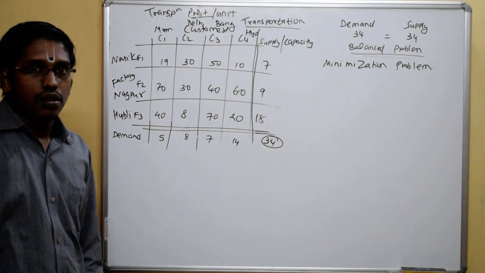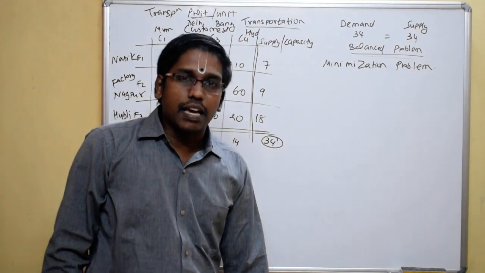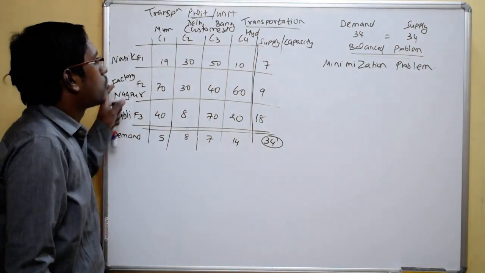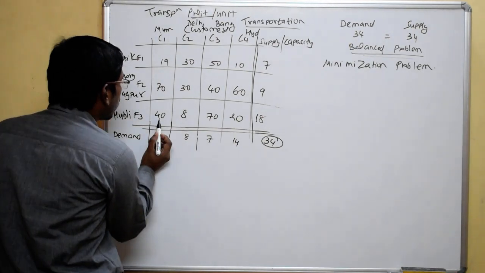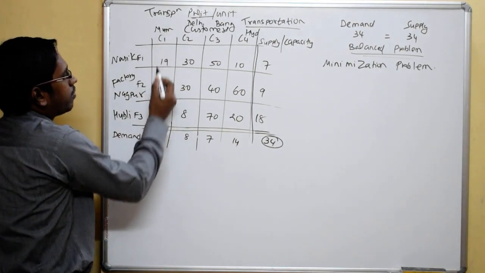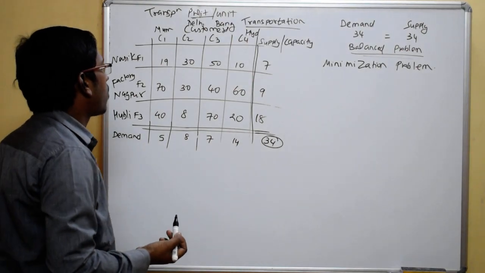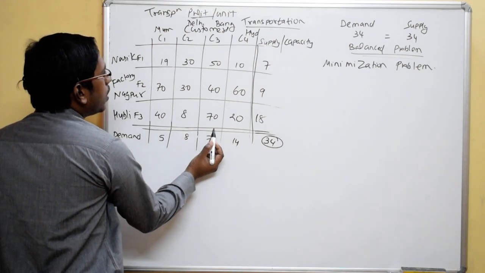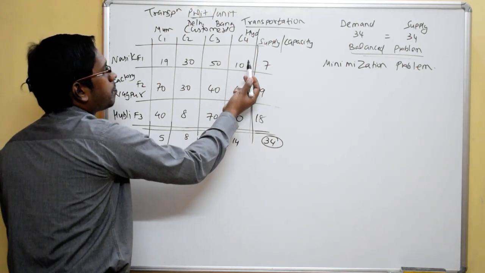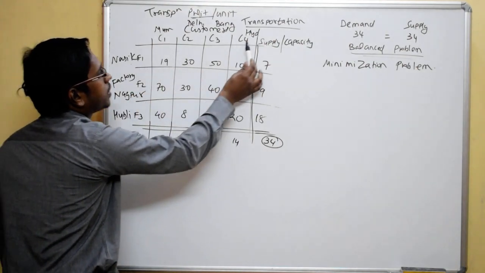Which means the company is selling the same product from different factories to different customers. Same product is giving you a profit of 40 rupees when you transport from F3 to C1. But it is giving a profit of 70 rupees when you transport from F3 to C3. It is giving a profit of only 10 rupees per unit when you transport from F1 to C4.